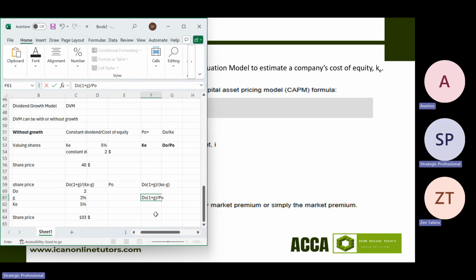So PO cancels PO. It will now be KE minus G, DO plus G, divided by PO. Taking that G to the other side, it will now be DO, 1 plus G, divided by PO, plus G.